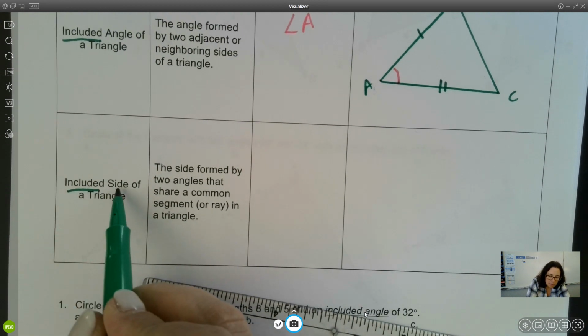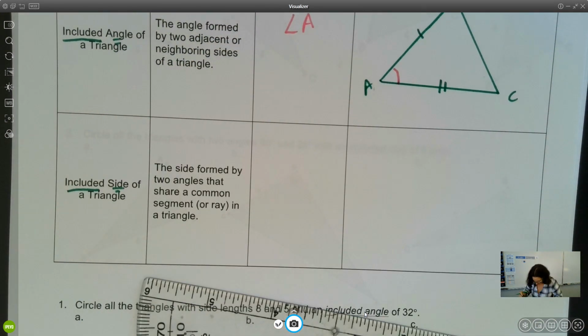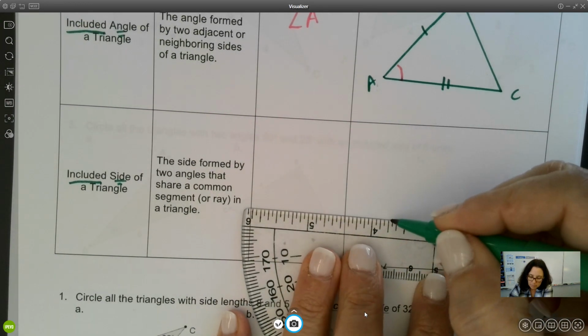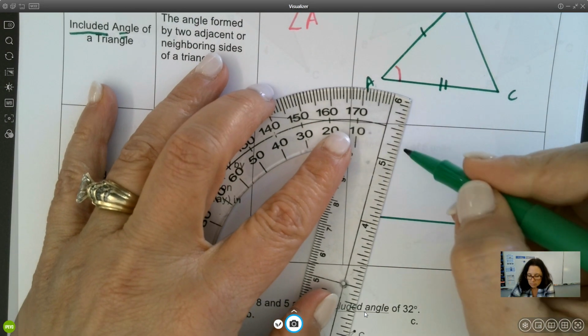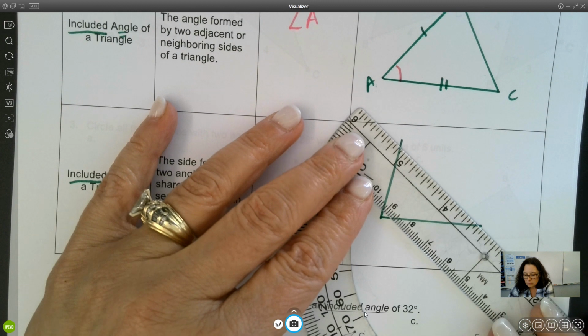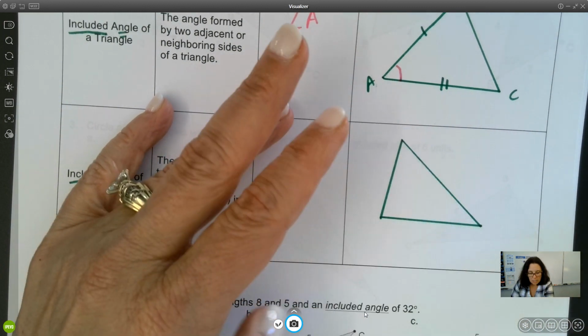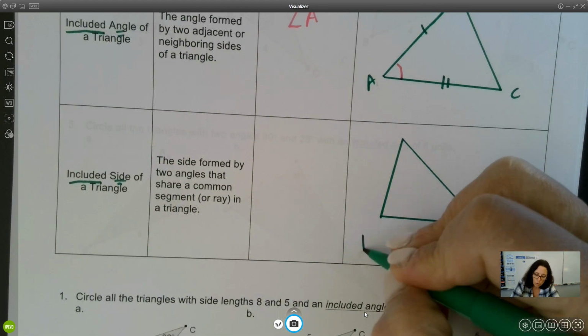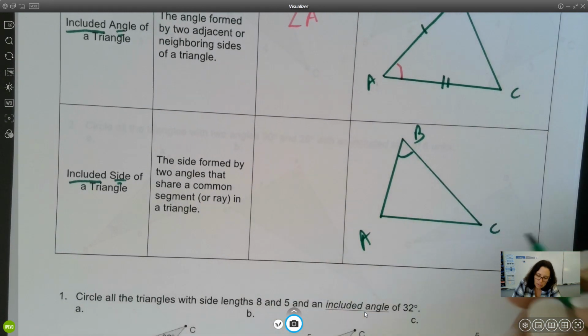All right, let's look at this guy right here. Included again, but this time we're talking side. Up here we were talking angle. Let me scooch this in a little bit. So again, I'm going to draw just a random triangle, and I'm going to direct your attention to this angle and this angle.